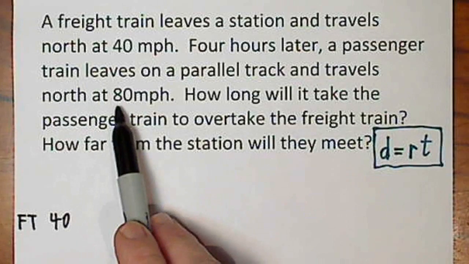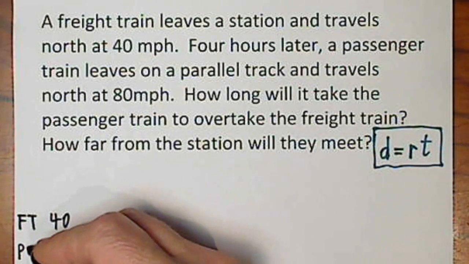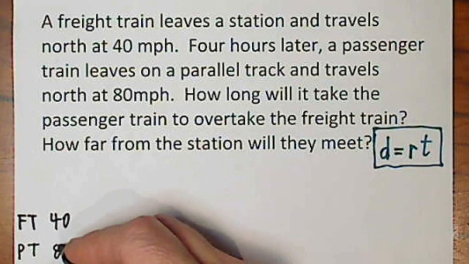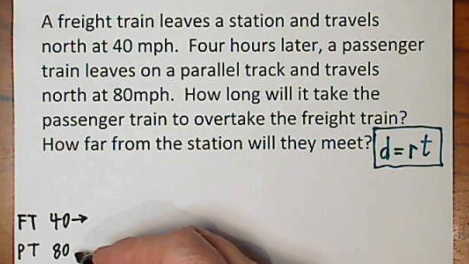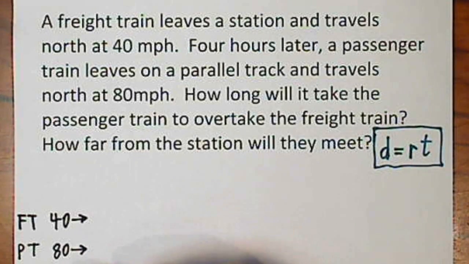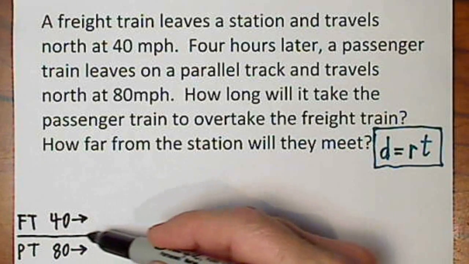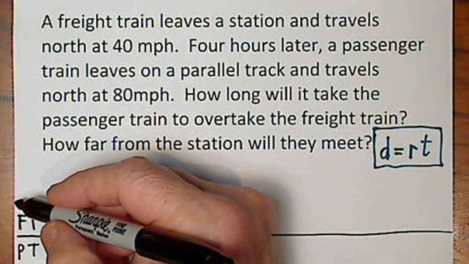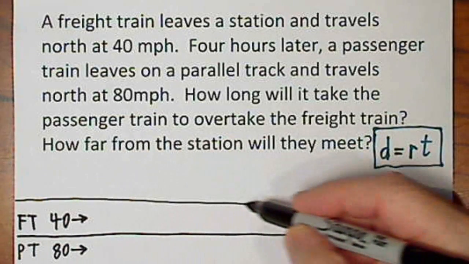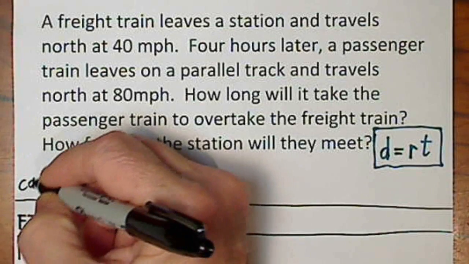The passenger train is going 80. Alright, so here's our passenger train, and I'm just going to write 80. And again, just like on the other charts, I'm just trying to establish my categories so I can get something on the paper and start thinking about this. Alright, so here's our categories.